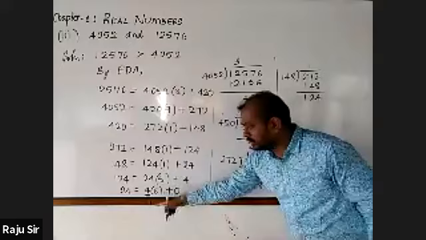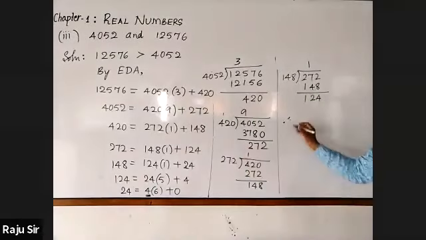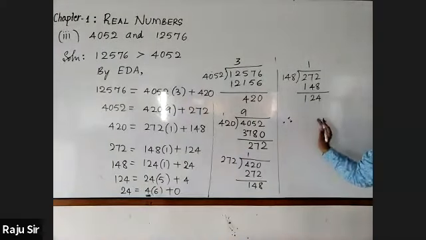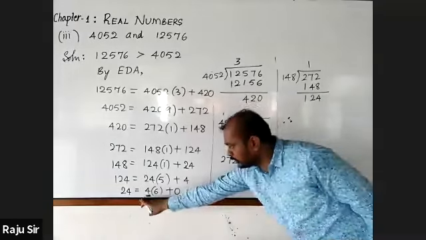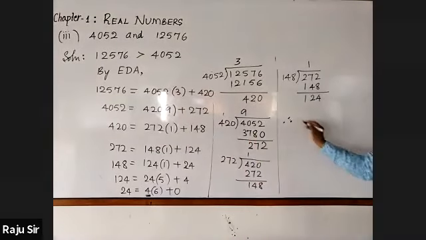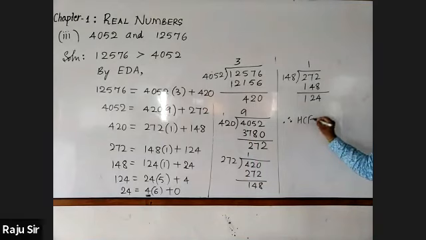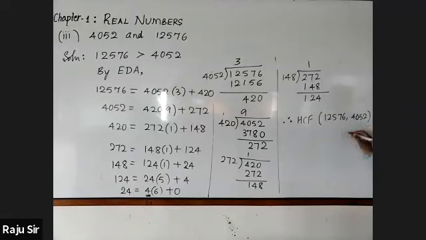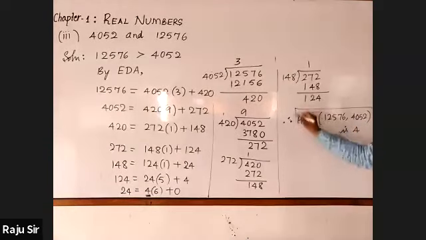Below this step, please write the conclusion, not in the working column. I do not have space below, hence I am writing here. Therefore, HCF of 12,576 and 4052 is 4.